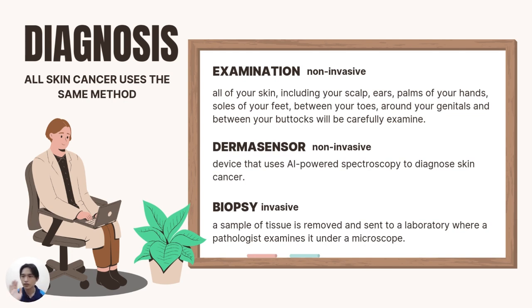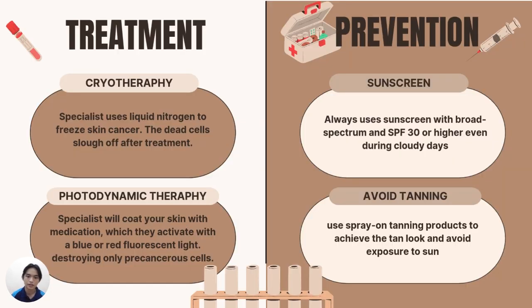And then through examination, we can just palpate around your whole body to determine whether there are bumps or an abnormality around your skin. And then biopsy, of course, it uses the suspicious cells to test in the lab to see whether it's a cancer cell or not.